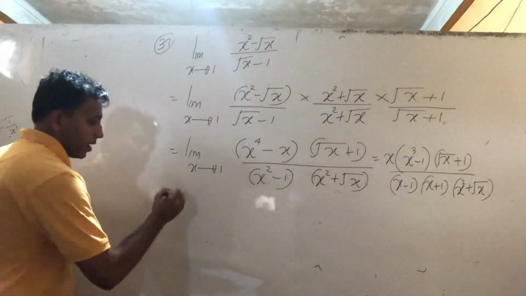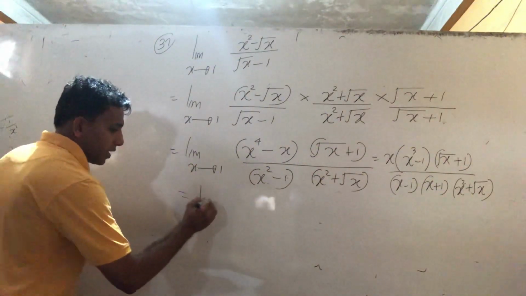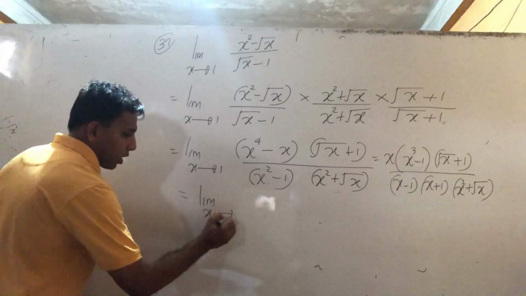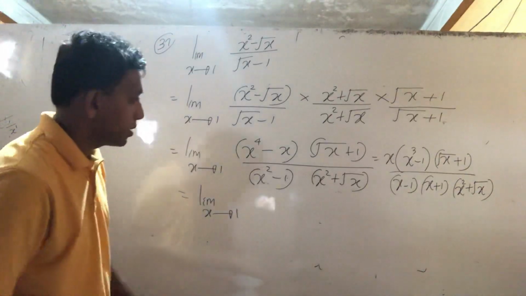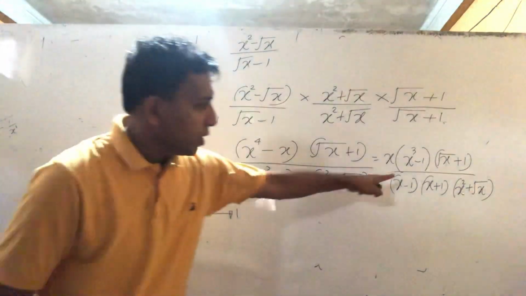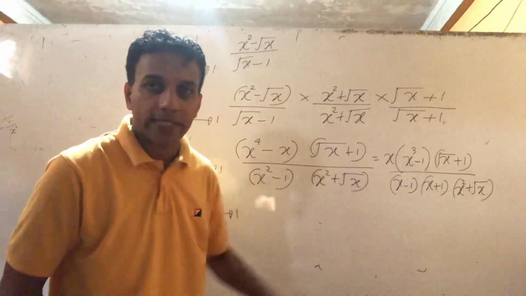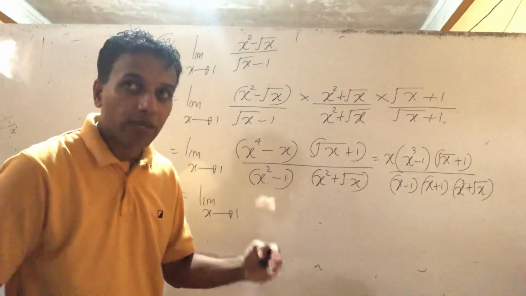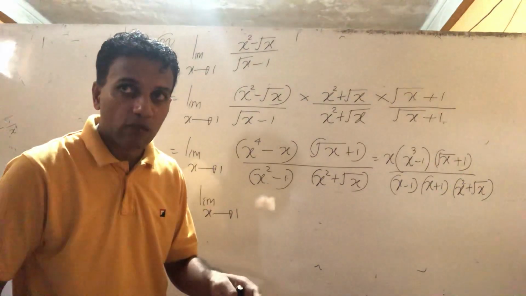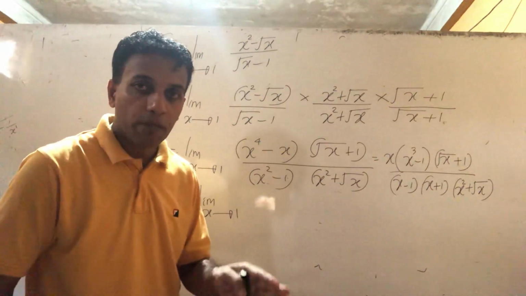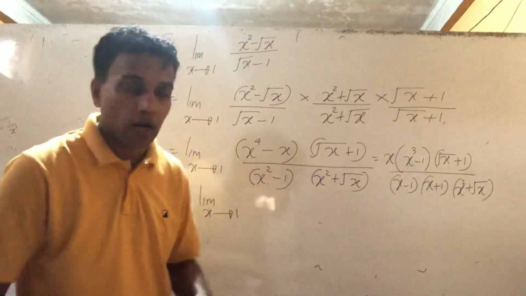Therefore remaining, limit x approaches 1. This also you can factorize, a cube minus b cube pattern. a minus b is one factor, a square plus ab plus b square the other, right?